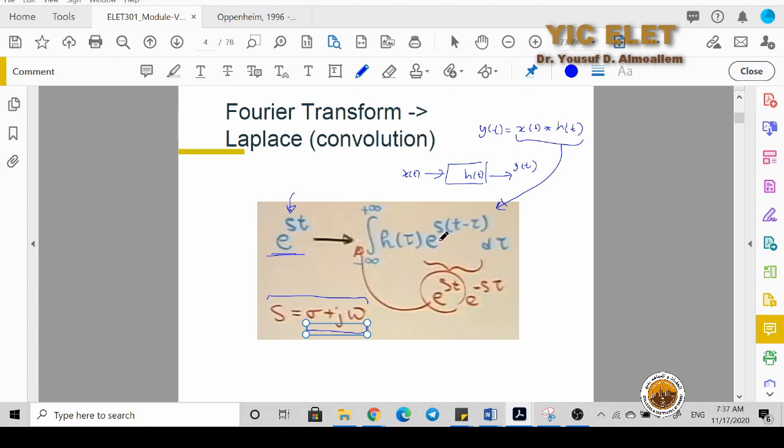Now, if we look closely at this point, we can again split this exponential to be e raised to power s times t, times e raised to power minus s tau.